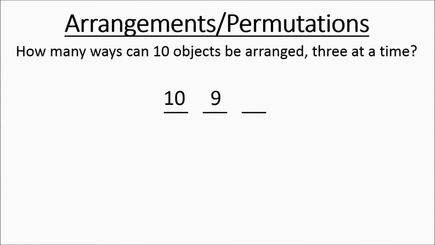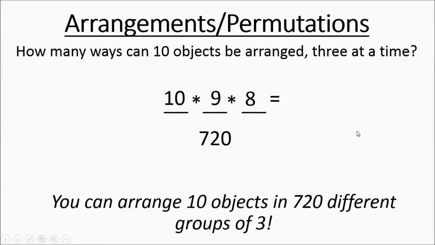And then for that third spot, you'll have 8 left over. So you just multiply that. 10 times 9 times 8. And you get 720. So this one is not a 10 factorial problem. You can't do the 10 times 9 times 8 all the way down to 1, because we're only dealing with 3 at a time, groups of 3. So there you can arrange 10 objects in 720 different groups of 3.